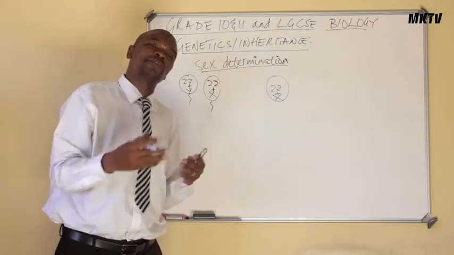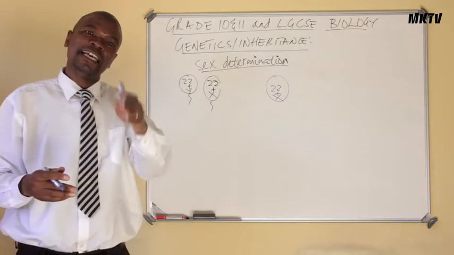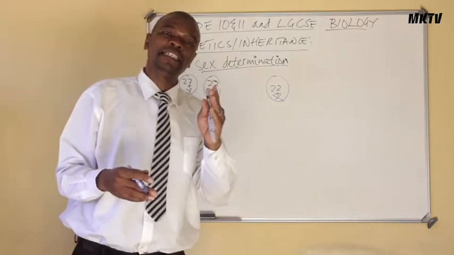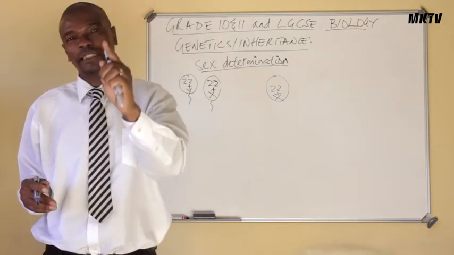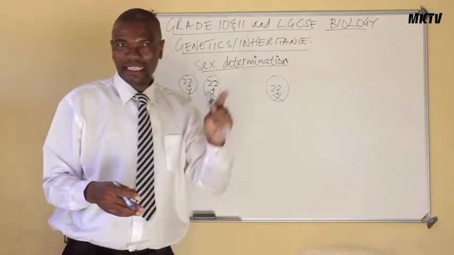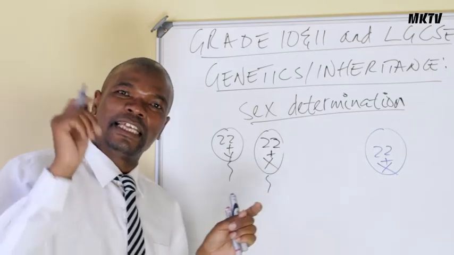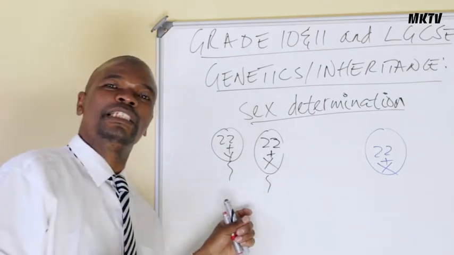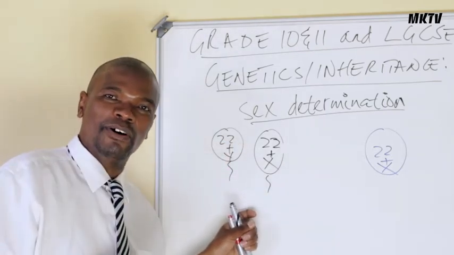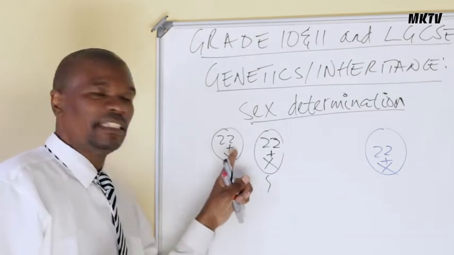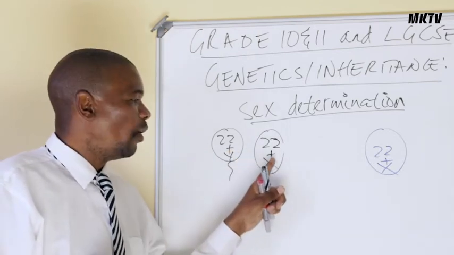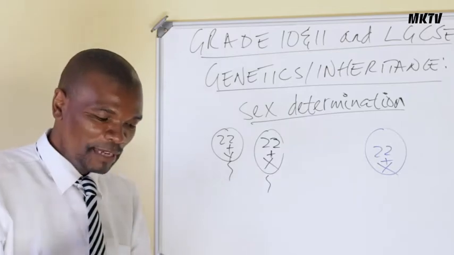So how is the sex of a baby determined and when? The sex of a baby is determined at the moment of fertilization. Mind that. It depends on the type of sperm. In other words, the males are the ones who determine the sex of the baby to be born by either providing a Y sperm or an X sperm. What do we mean by that?